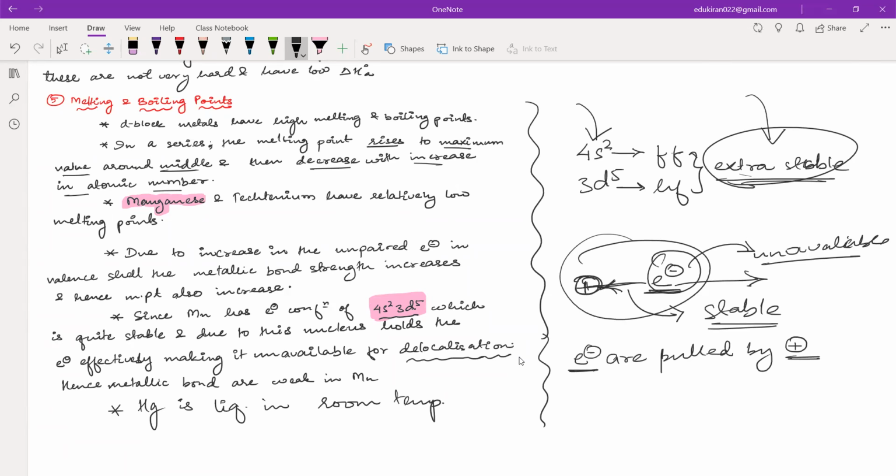Correct? So there will be fewer bonds. If there are fewer bonds, will the metallic bond be weak or strong? Weak. And if the metallic bond is weak, then it will be easier to convert it from solid to liquid, right? Yes. Solid to liquid will be easy. So that is why they have low melting points.